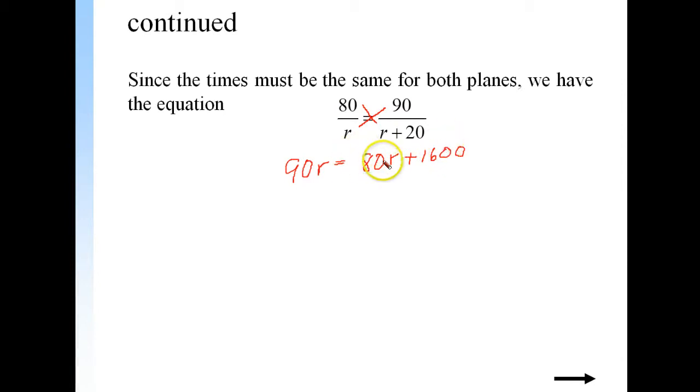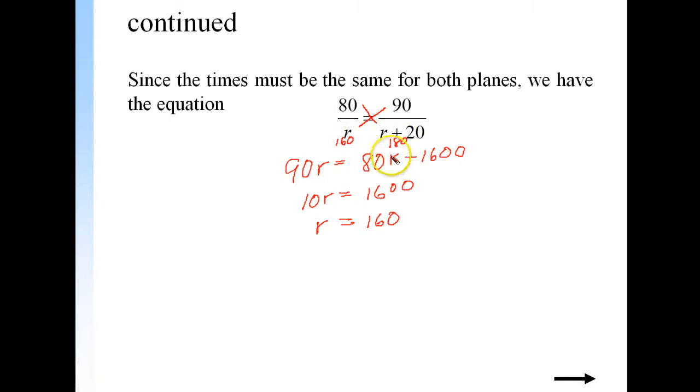Now we're going to solve for our rate. Subtract 80R from both sides. We get 10R equals 1600. Divide both sides by 10. R is 160. So what are the rates? Well, this one is 160, and the faster plane goes 180.